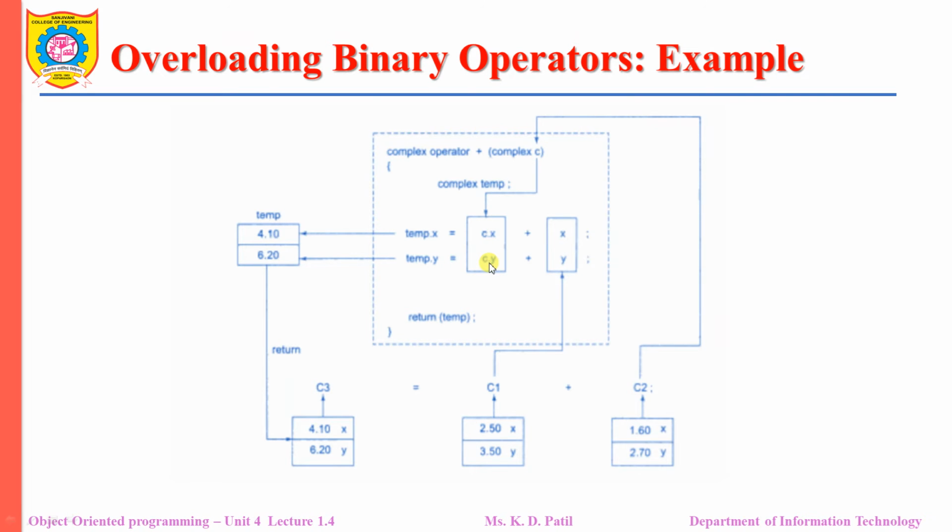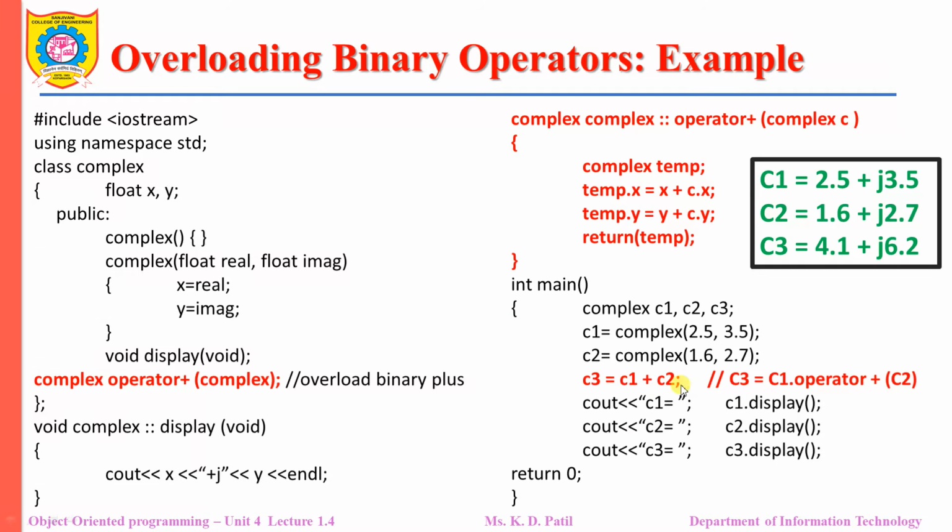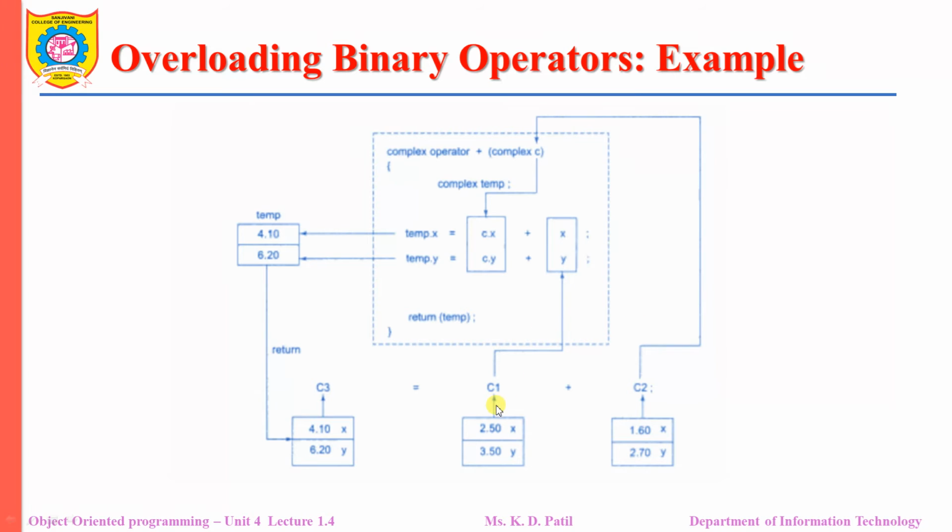Now the statement C3 is equal to C1 plus C2 in this program can be written as C3 is equal to C1 dot operator plus C2. Data members of C1 are accessed directly, that is x and y.